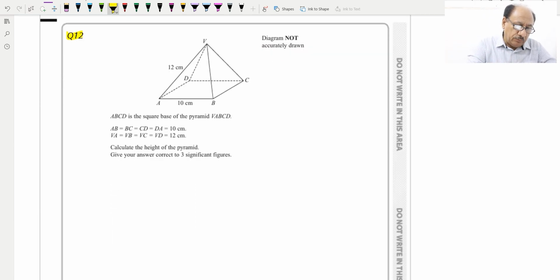Question number 12. Diagram is not accurately drawn. ABCD is a square base of the pyramid VABCD.